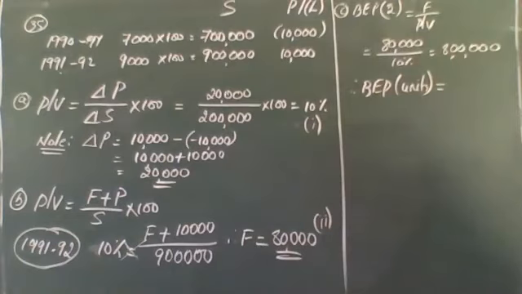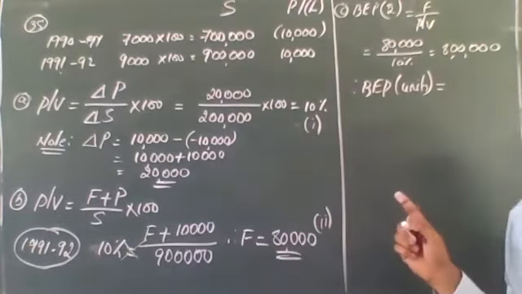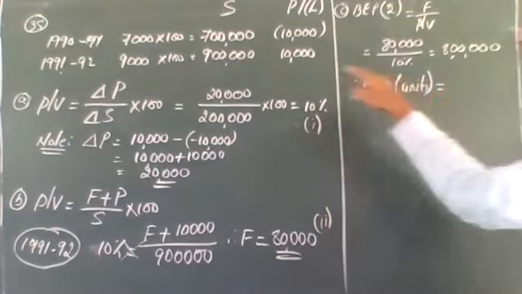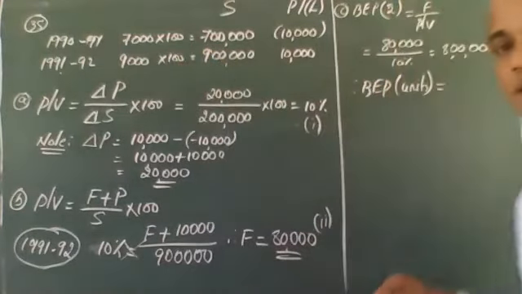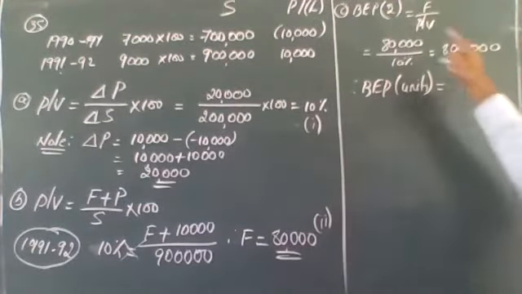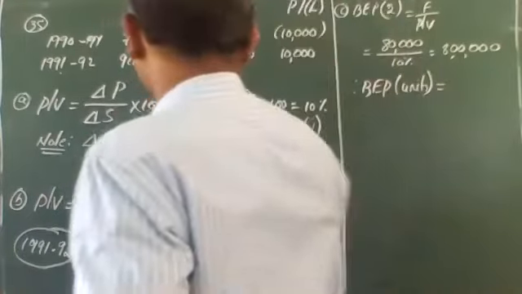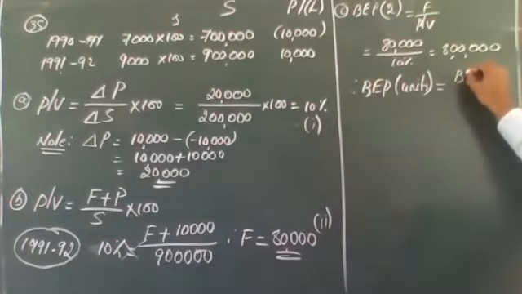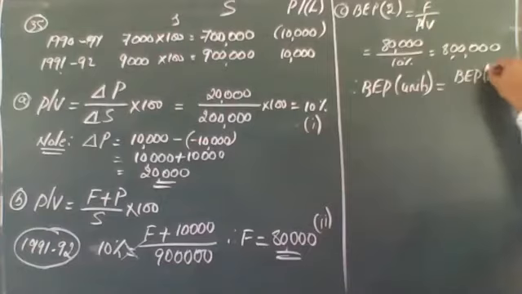Remember guys, I have told you in one of the earlier problems, if you know units, multiply with selling price, you get value. If you know value, divide it by selling price. So it is BEP rupees by selling price.